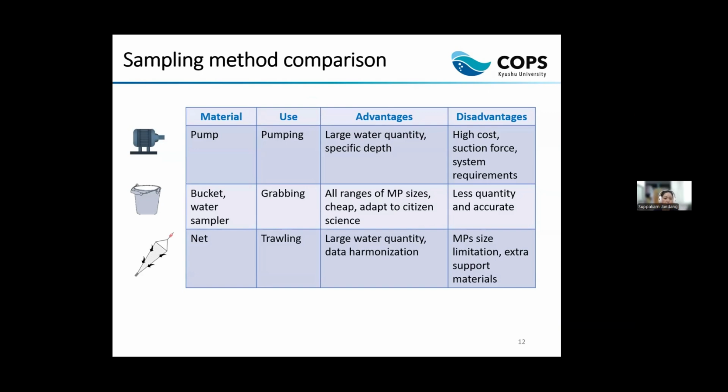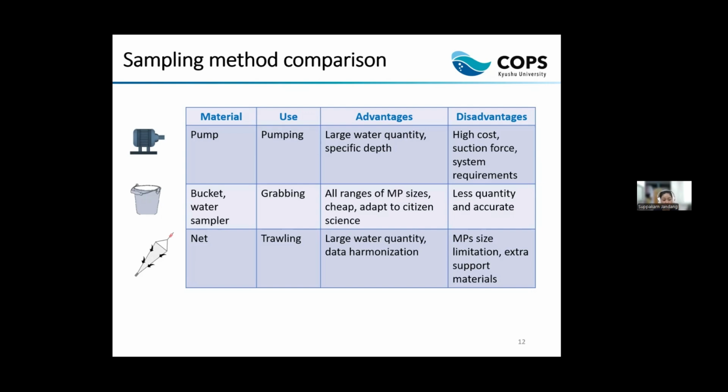For example, if you use a pump, it's very easy. You can collect the water from the specific depth that you need. But the disadvantage is very high cost, and also the high suction force could affect the small particles of plastic, I would say.